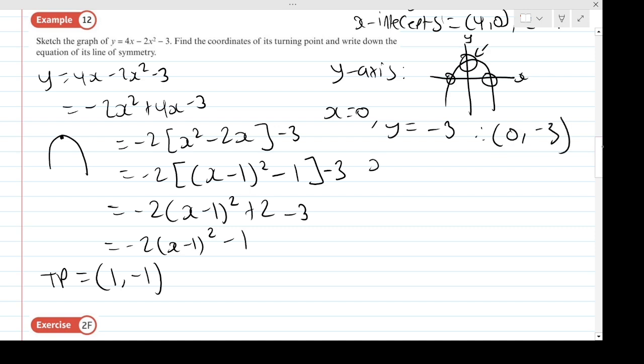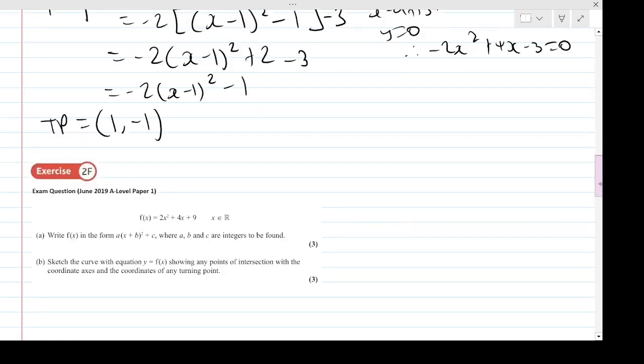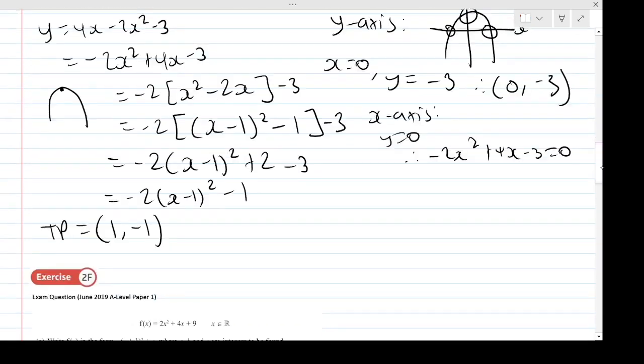Okay. Then the x-axis is when y is 0. Therefore, minus 2x squared plus 4x minus 3 has to equal 0. And then we can solve. So let's use the quadratic formula.